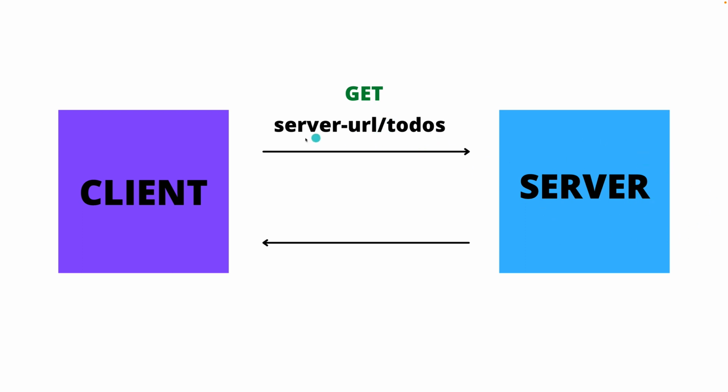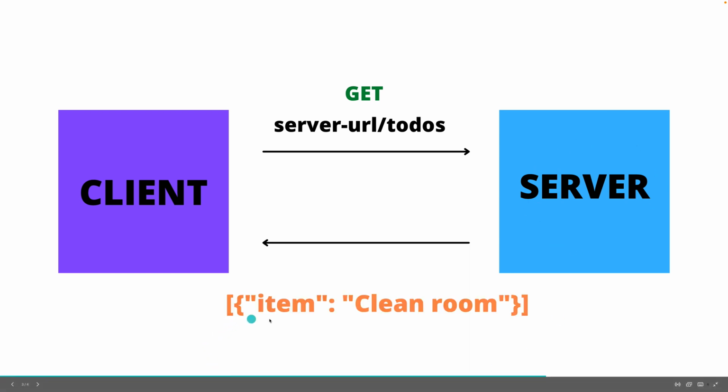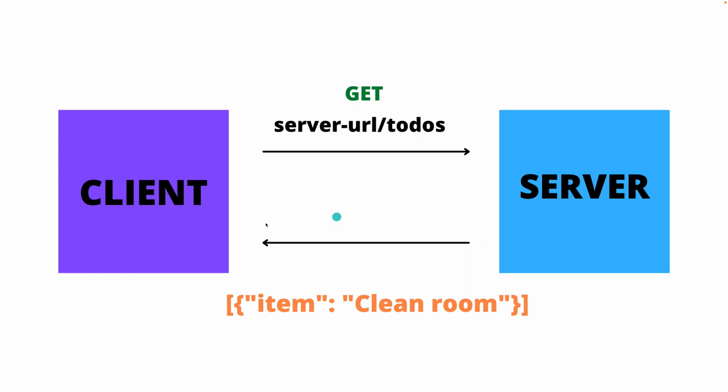The server is going to look at this, look at the endpoint, and start executing logic to get all of our to-dos. And now once that's done, what ends up happening is it returns back an array of our to-dos. And it returns back our data in JSON format. So this right here is JSON format, and this is how clients and servers interact and communicate with one another.